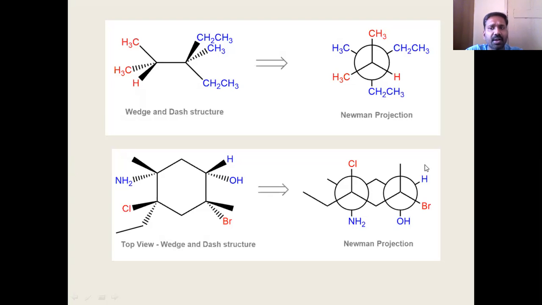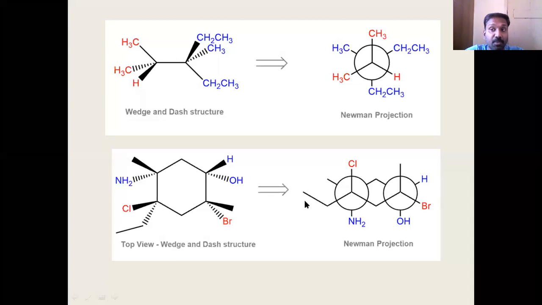How to convert them exactly from the stereochemistry point of view, we will understand later. Why can't I write NH2 here and methyl here? Okay, let me explain here. Okay, fine. We'll skip this. When I take up interconversions, I'm going to explain.